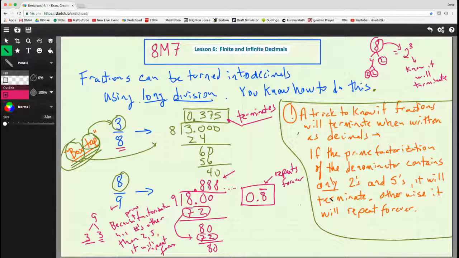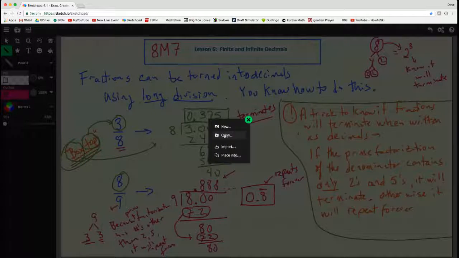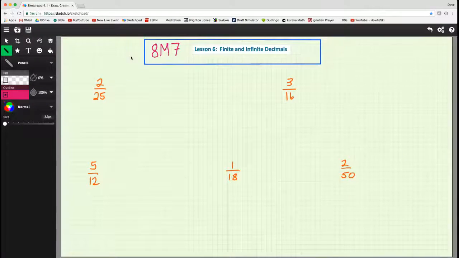We're going to use this as we build on finding another method for converting fractions that terminate into decimals. And that's a lot of what this lesson is about. It's about identifying fractions that will terminate, and identifying fractions that will repeat forever.